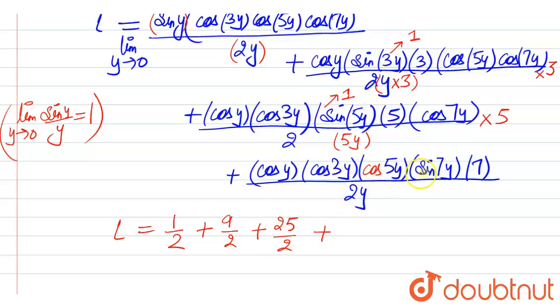Okay, now here we have sine 7y, so we can write this as 7y, and we need to multiply by 7 also.